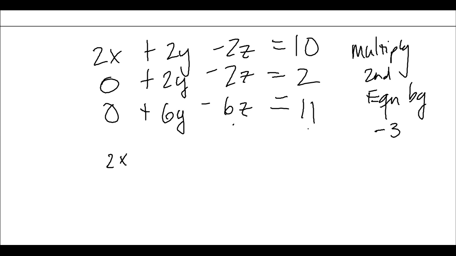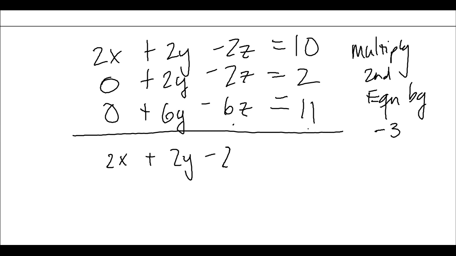So nothing changed from that top one. Maybe I'll put a line in here just to say this is kind of a separate step. Okay, so if I multiply by a negative 3, that's still 0. I'll get a negative 6y, which is good because I want it to cancel out with that 6.